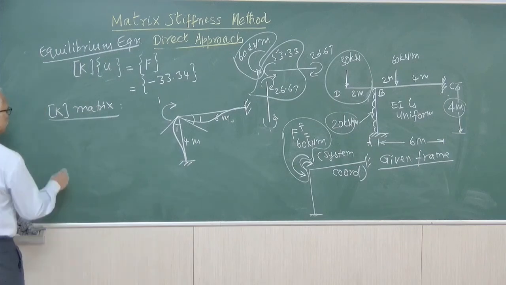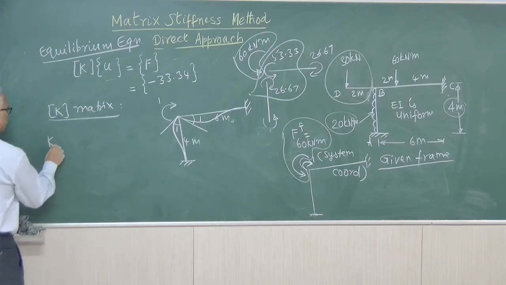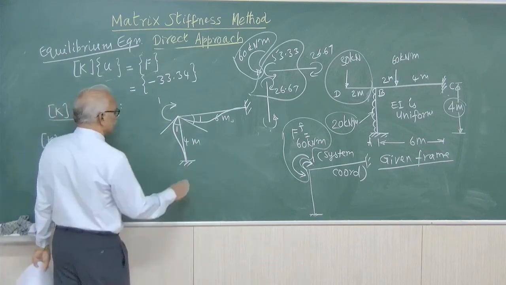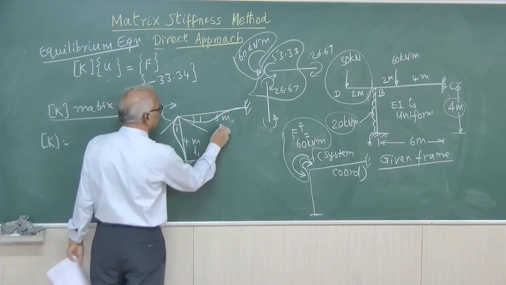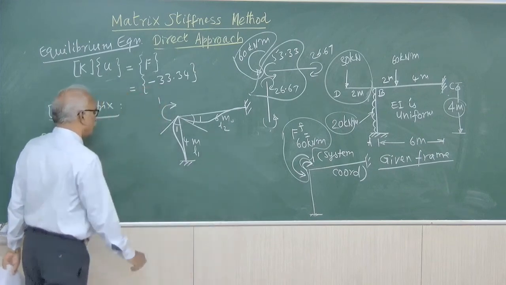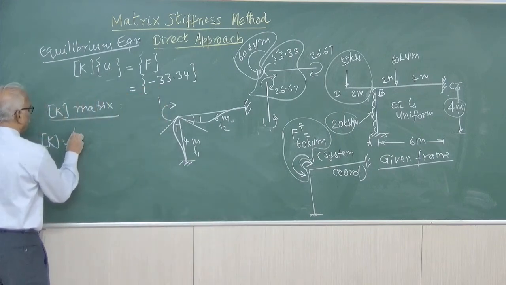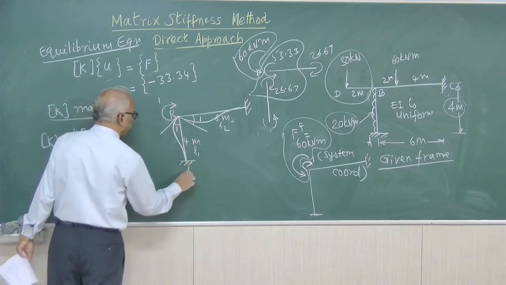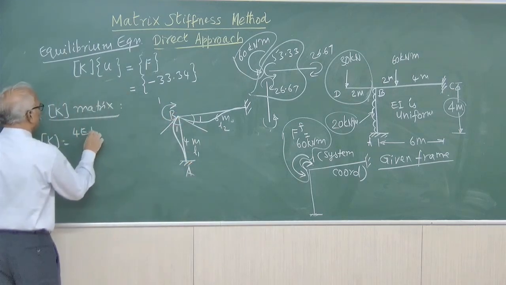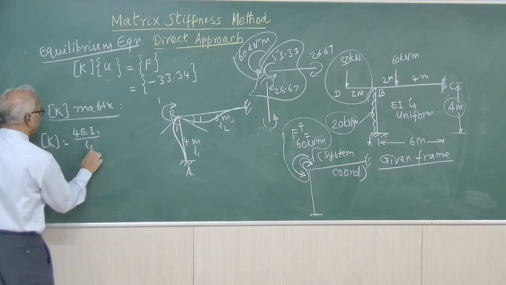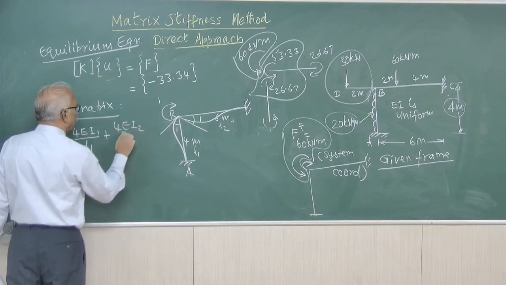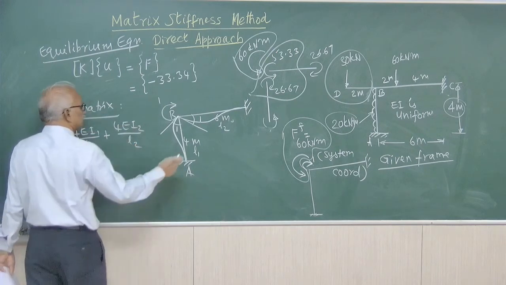Now, there is only one value for K. Let us call this L1 and this L2. For the first member BA, it is 4EI1 by L1 plus 4EI2 by L2, because the far end is fixed.